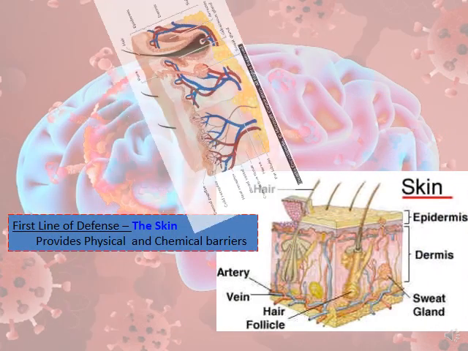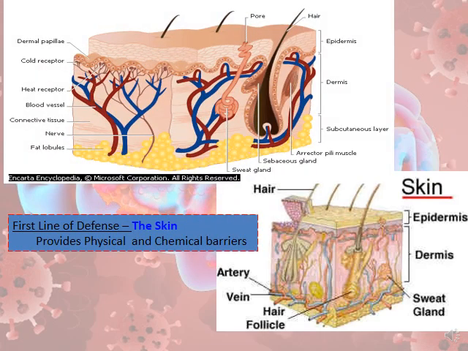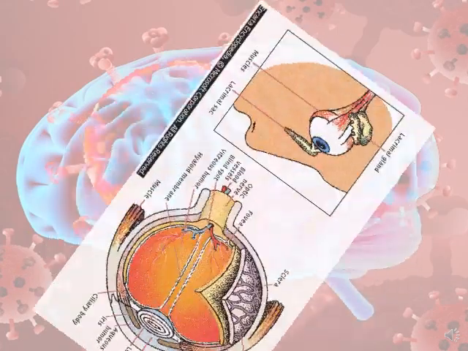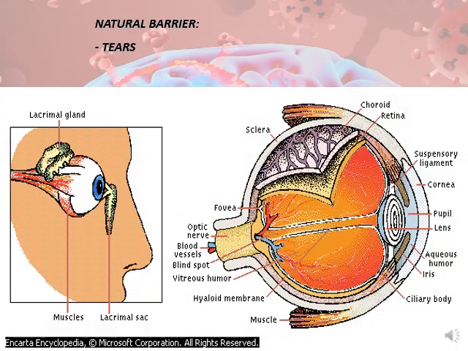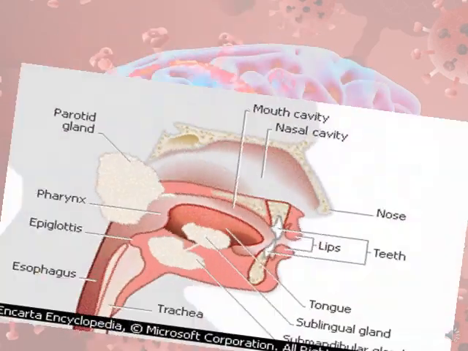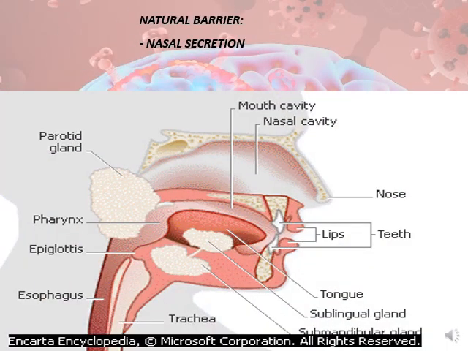So the first line of defense, the skin, provides the physical and chemical barriers, and we have the natural barriers, like the tears inside the eyes. They have an important role in protection, forming the first line of defense. And number three, the nasal secretion from the nose has an important role.